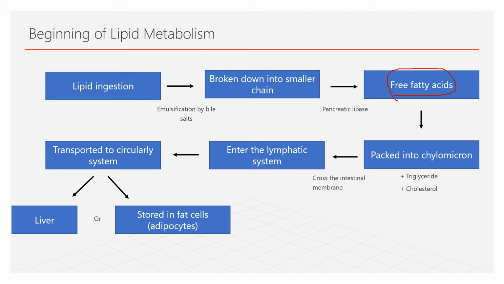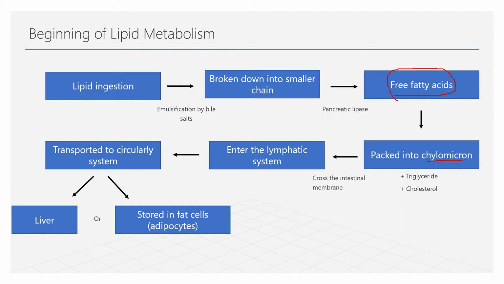These free fatty acids inside the lumen of the small intestine will then be packed into a structure called chylomicron. Basically, a chylomicron is a vesicle made of triglyceride, cholesterol, and free fatty acid.